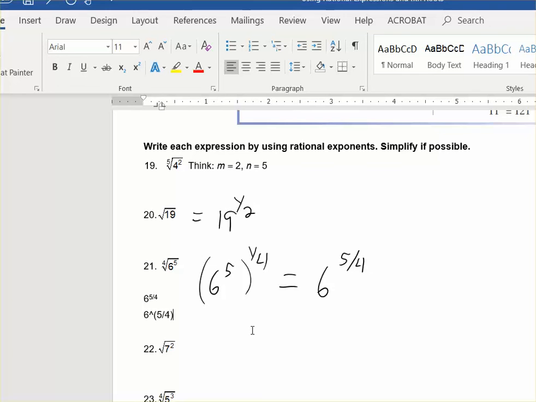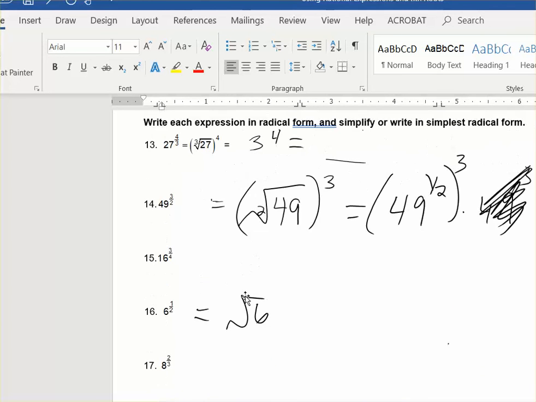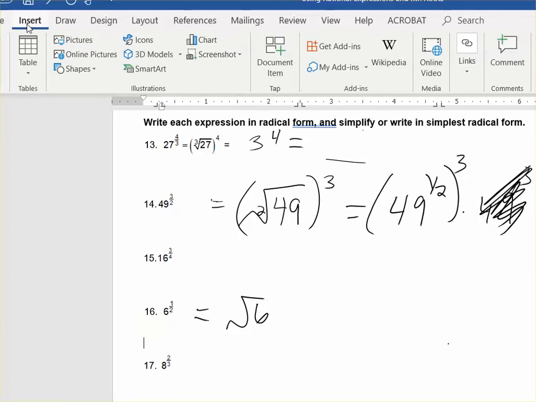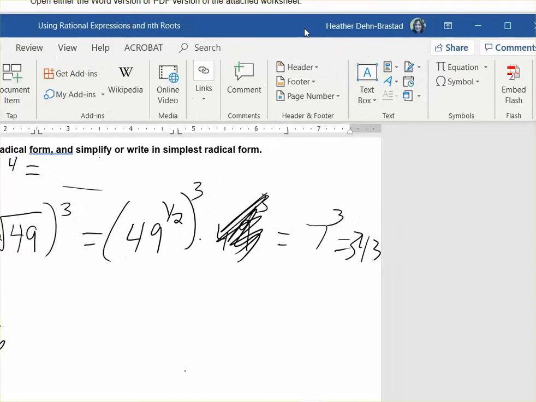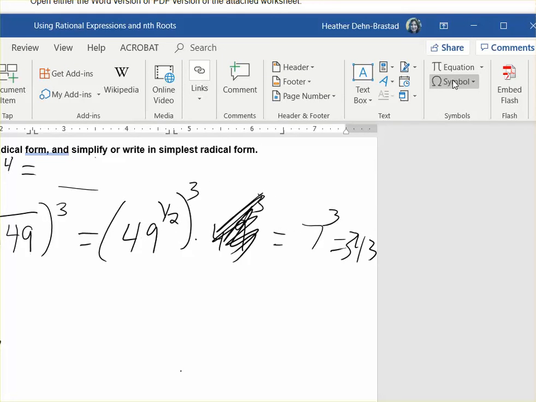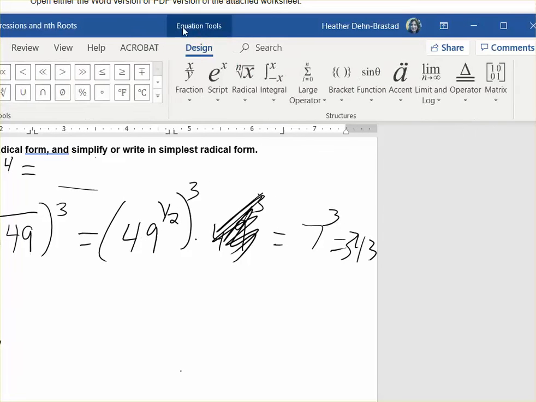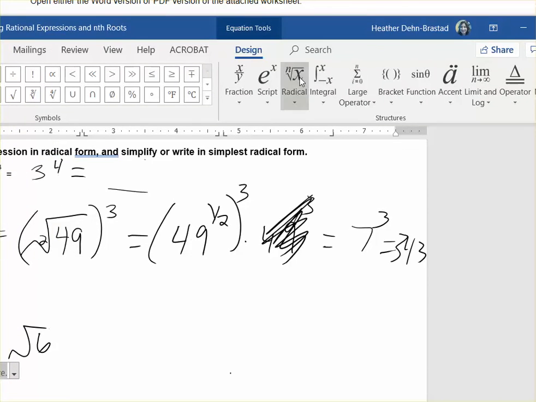To write a root, though, is a little bit tricky, like if I wanted to write this as the square root of 6. I can go to Insert, and I can use the symbol option, you might be able to find the square root, or you can insert an equation, and one of the options in equations is this radical.